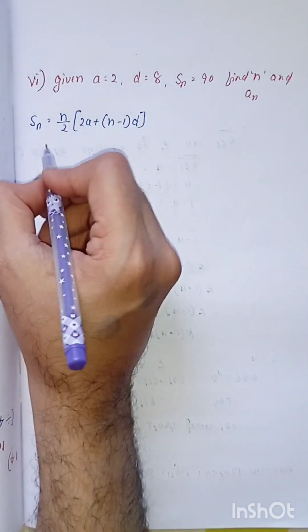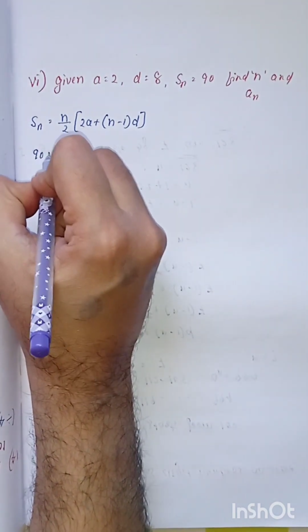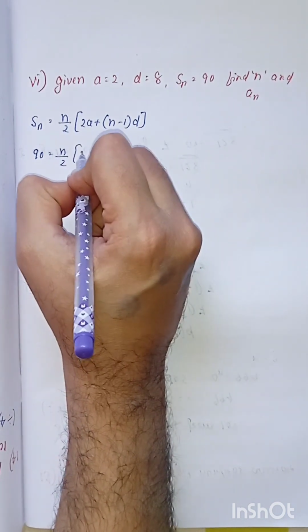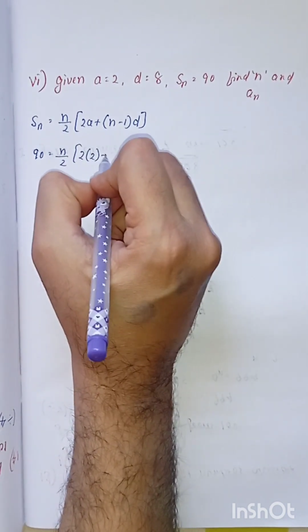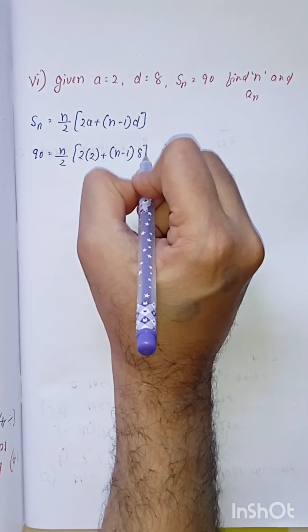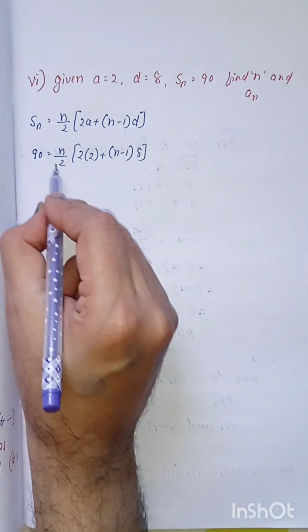Yes, Sn means you can take 90 as given, n we have to find out, n by 2, 2a means 2 into 2, plus n minus 1, we have to find out, and d means 8. Now just do cross multiplication.